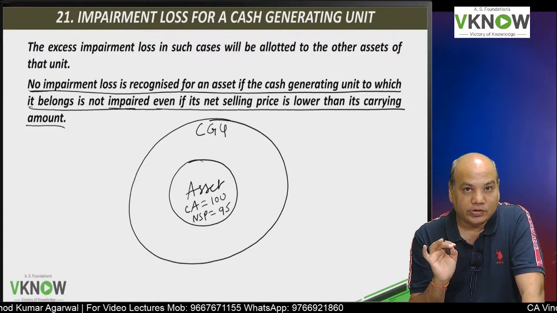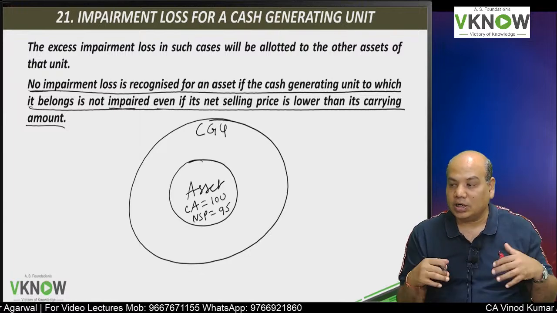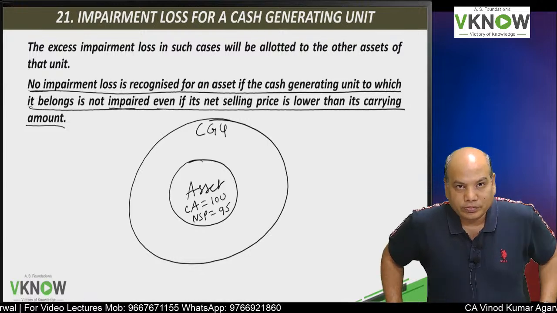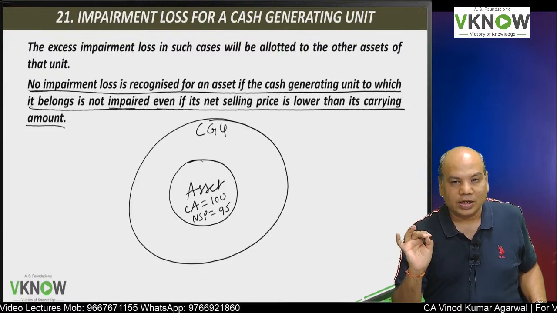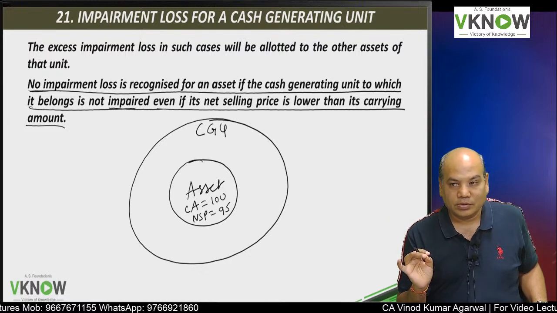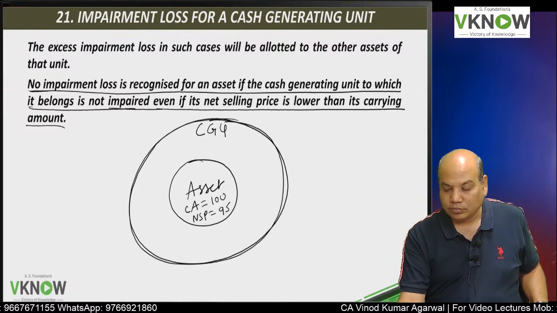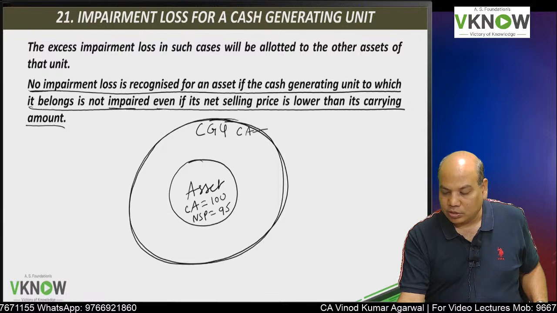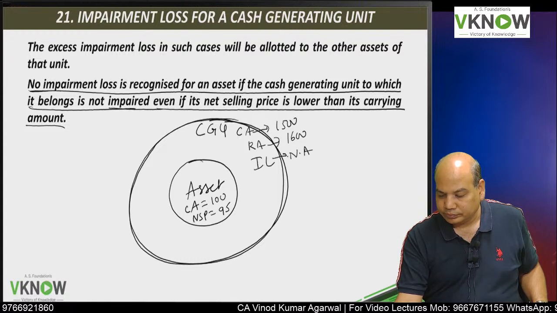If net selling price is below the carrying amount, there is an indication of impairment, but I can't calculate the value in use because it does not generate independent cash flow, and I cannot say that value in use is close to net selling price. Therefore, I will test CGU for impairment. CGU's carrying amount is 1500 and recoverable amount is 1600. Impairment loss not applicable.